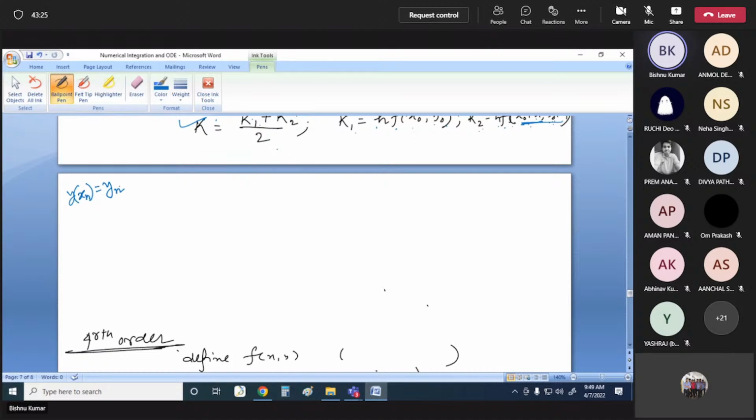Suppose for loop I am writing: i equals 0, i less than n, i plus plus. And first I am calculating k1. k1 equals h f of xi, yi.